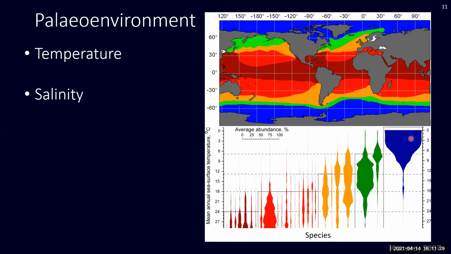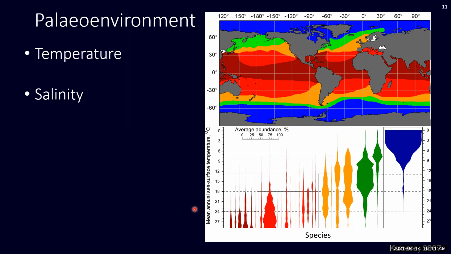Some species are only found in cold waters, some only in tropical waters, and so paleontologists can take ocean floor sediment samples and see what species are present. From that, they infer what the temperature of the water was that the foram was alive in.